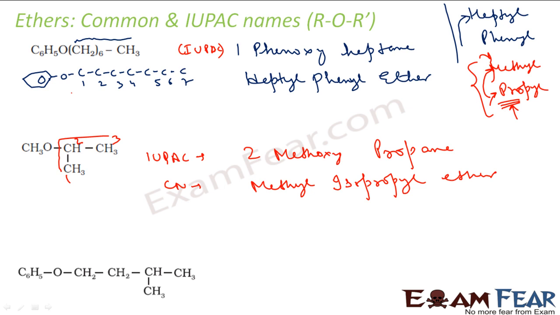Correct. Let's check this compound. It has 1, 2, 3, 4, 5 carbon here. Right? And this has 6. This will be my primary chain. Why? Because I told, right, the one which has maximum number of carbon will be the primary chain.